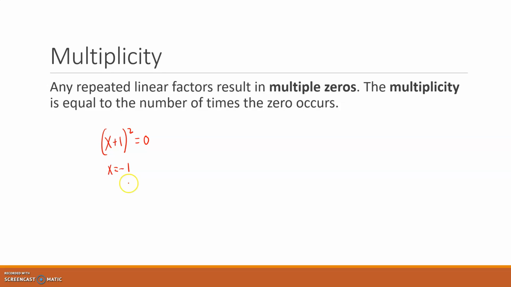But based on this definition, it is actually that we just have multiple zeros. So we do still have multiple zeros, it's just that they're both at -1. And so the multiplicity is equal to the number of times the zero occurs. So I would say that x equals -1 with a multiplicity of 2, because since this was a 2 here, that's how many times that zero occurred.